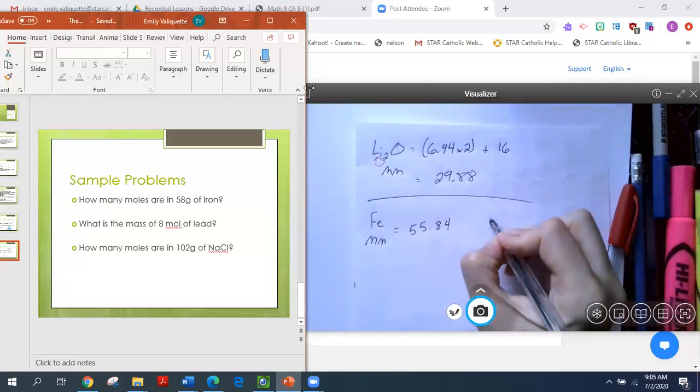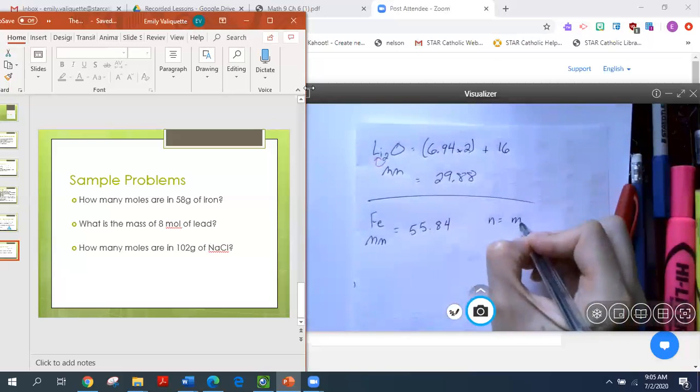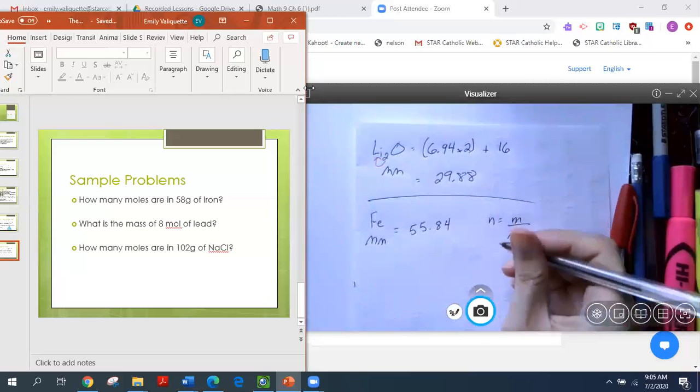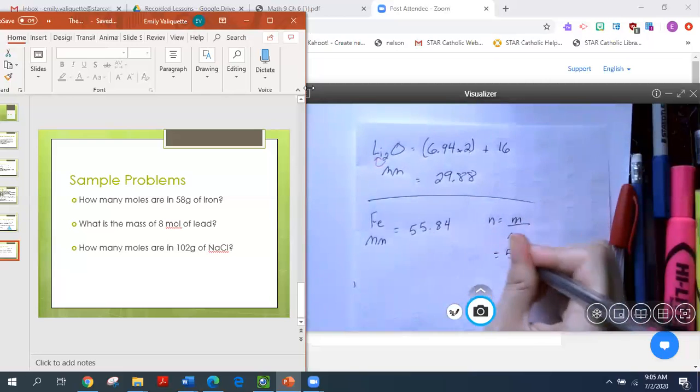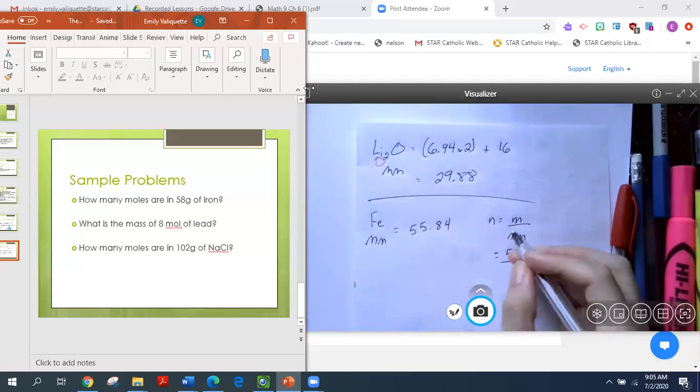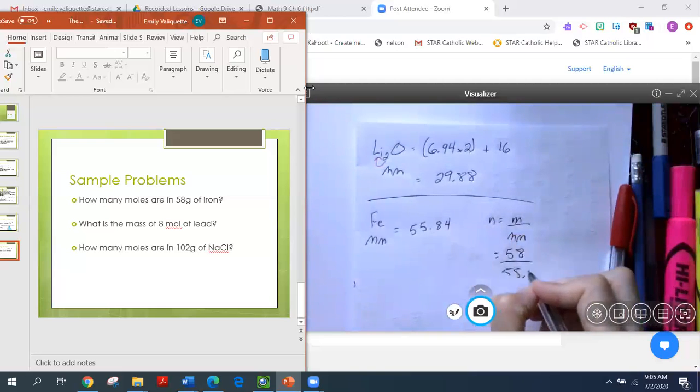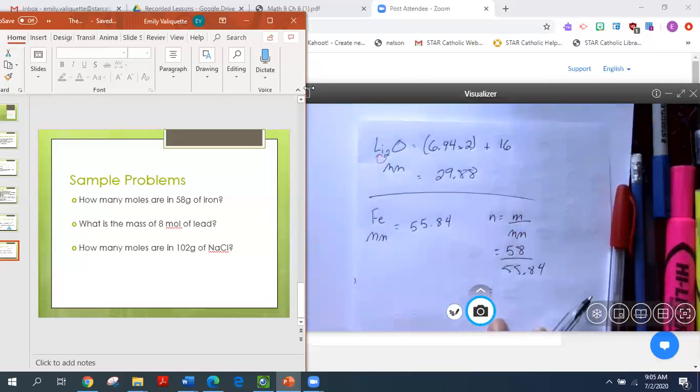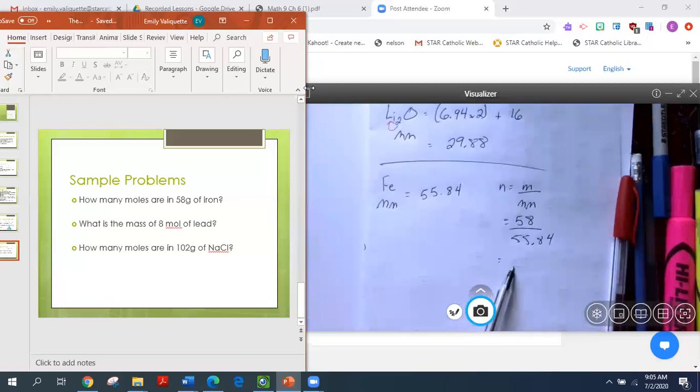And then moles is equal to mass over molar mass. So I plug in my 58 grams divided by my 55.84. And again, I don't care if you're writing in your units during the formula. I only care if your final answer has its units.